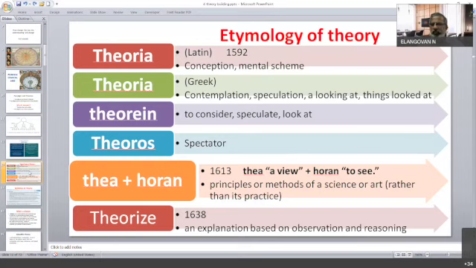In 1638, it became theorize, that is, to explain what you are seeing, or explain the phenomenon, or explain the reason for the observation. That is what has become theory. So theory is nothing but an explanation of what is happening, or what I am seeing and observing. That has become theorize.